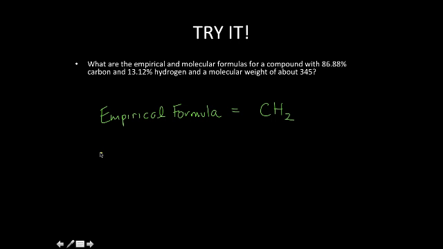Now when I do the division of the total molecular weight divided by the empirical molecular weight, we end up with a molecular formula that's equivalent to C25H50. It's a lot of carbons, that's a lot of hydrogens. So go ahead and check your work.